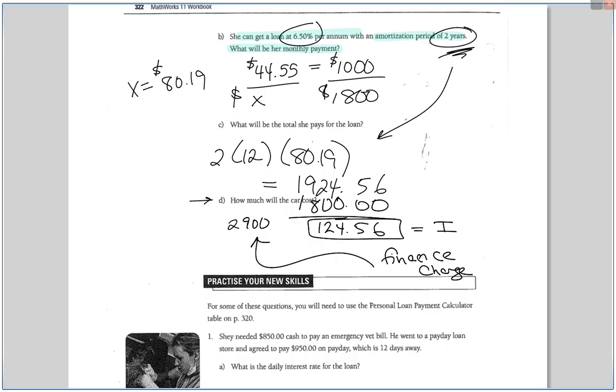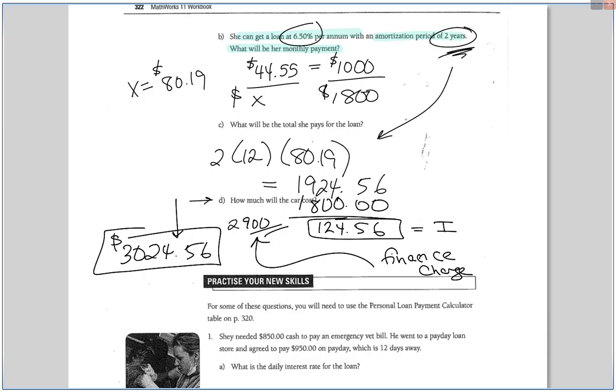So 2,900 plus 124.56, the actual price of the car, was $3,024.56, as opposed to the $2,900 it was advertised for, because she had to take a loan. Taking on loans means you're going to pay interest, and interest is the price that you pay to borrow.